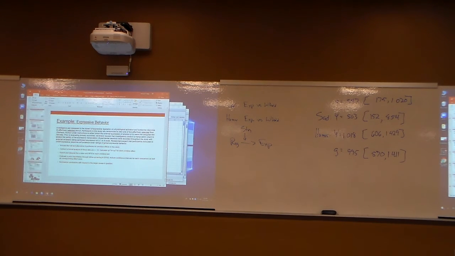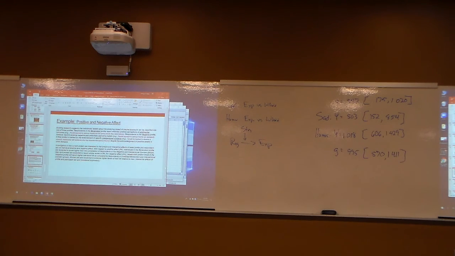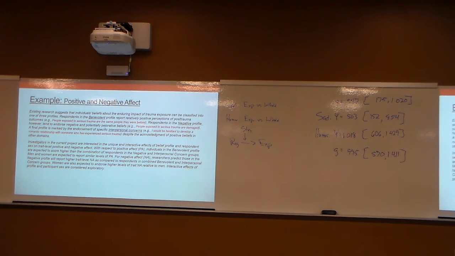And again, just to kind of give us a headspace to work from, we'll say that existing research suggests that people's belief about enduring impact of trauma exposure can be classified in 1 of 3 profiles. Respondents in our benevolent profile in this set report relatively positive perceptions of post-trauma outcomes. That people with serious trauma are generally the same people they were before, so things along those lines.